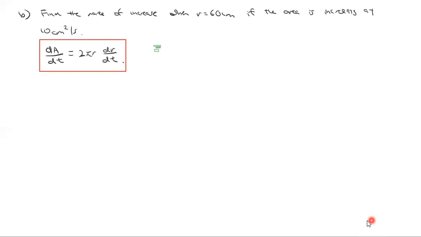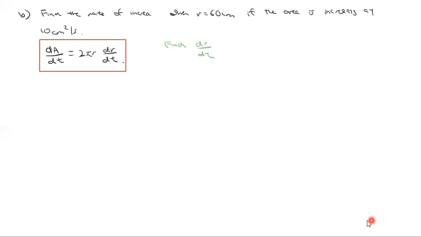Find dr/dt when r equals 60. Correct. I didn't write down the full question somehow.